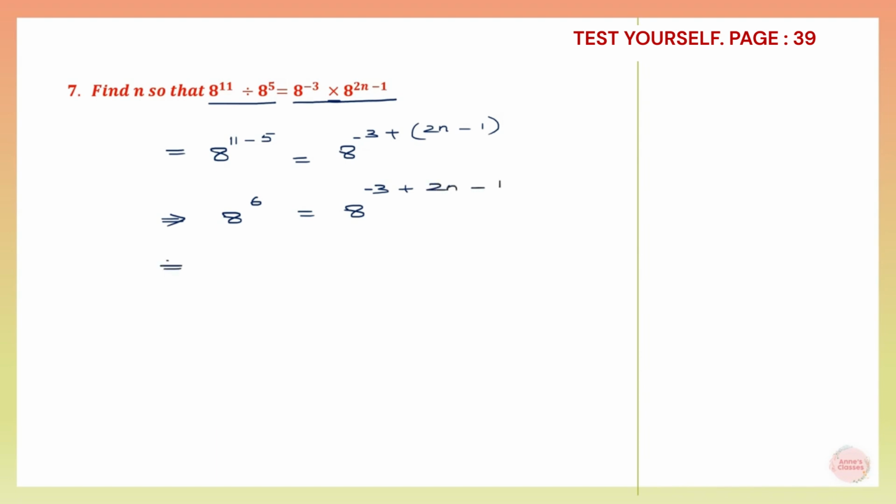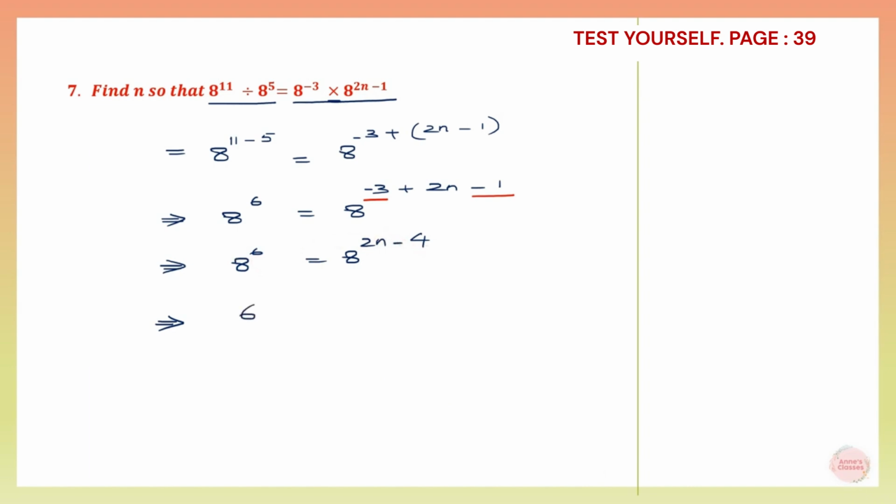So here we have 8 raised to the power of 6, and here we have 8 raised to the power of, now here we have 2n, let's write 2n first, and then we have these whole numbers, minus 3 minus 1. That is, signs are the same, put the same sign and add, 3 plus 1 is 4. So now we know that when the base is the same, the powers are equal. So let's take only the powers now.